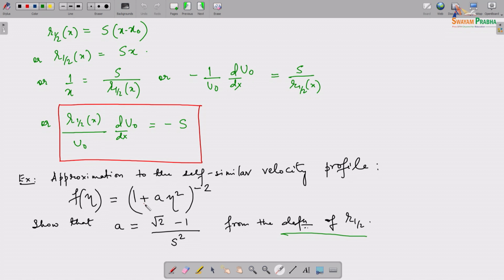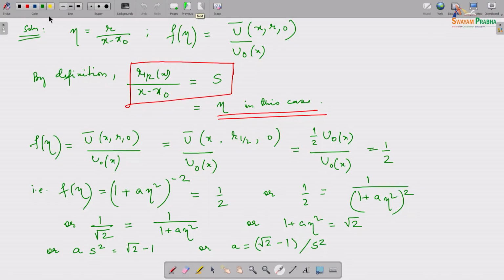If I take that velocity profile, what this A actually does is that it gives you the relationship or some dependence on the physical nature of that jet. What is that? That is the spreading rate, and therefore we got this here. That is how the S got incorporated into the whole thing.